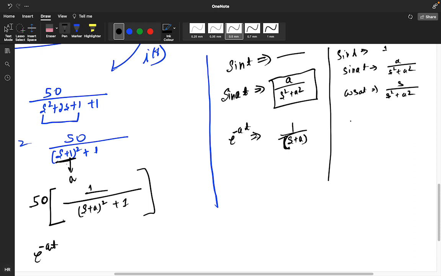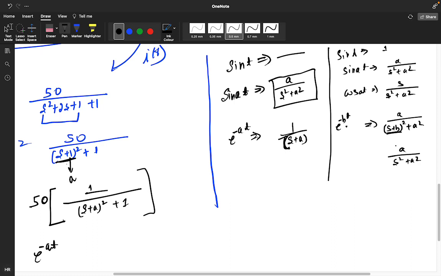Now what is the Laplace transform of this function? If you are getting a function like this, a over (s plus b) the whole square plus a square, what is the Laplace transform? Here some delay is coming, so e power minus bt into a divided by s square plus a square only.